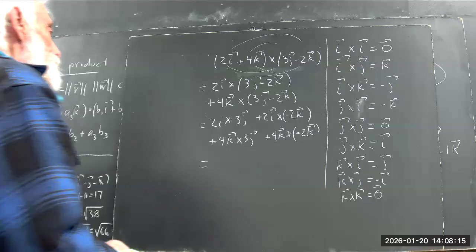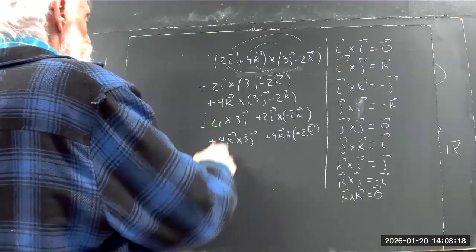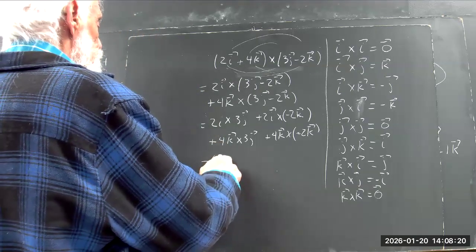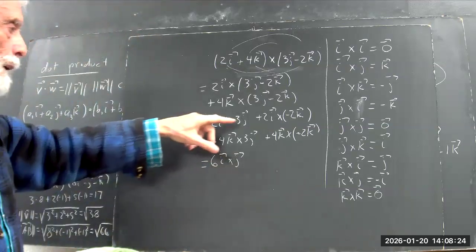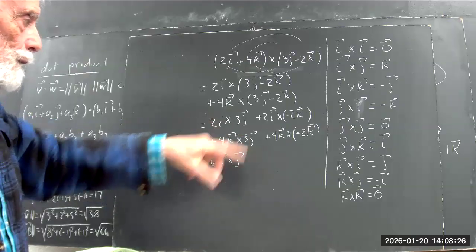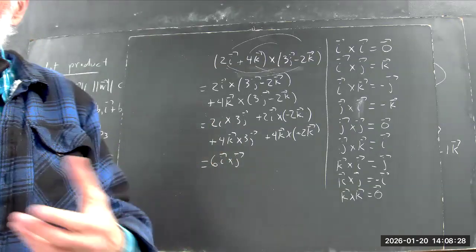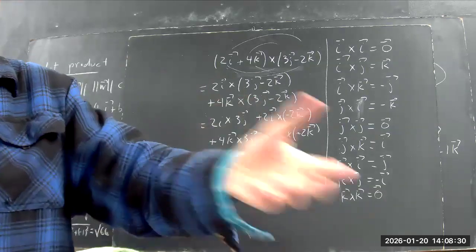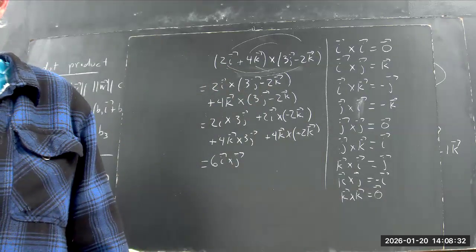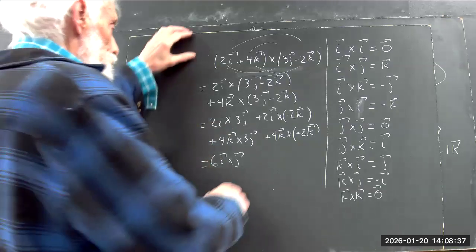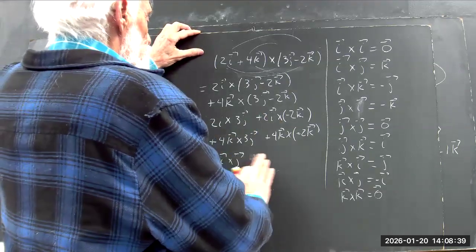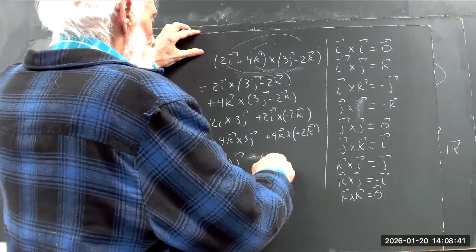This equals 2 times 3 is 6, and it's I cross J. In other words, the constants factor out just like they would with algebraic quantities, right? So you can bring the 2 times 3 out here. 2 times negative 2 is negative 4.